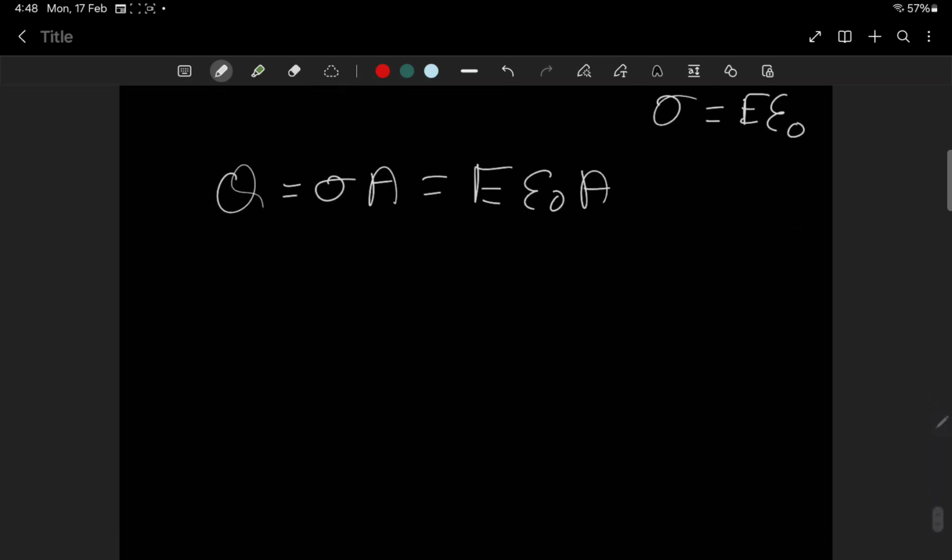Okay. Energy stored in the capacitor, U is equal to what? Q square by 2C. We derived it.